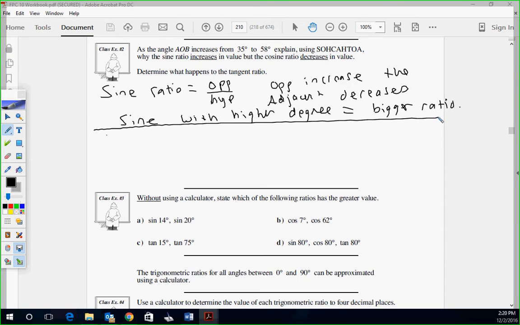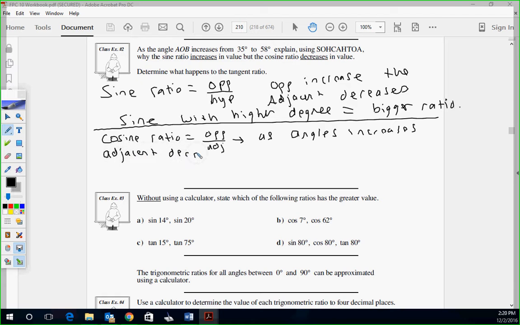So cosine is adjacent over hypotenuse. As the angle increases, adjacent decreases. Sorry, pen's giving me trouble and I'm a little tired.